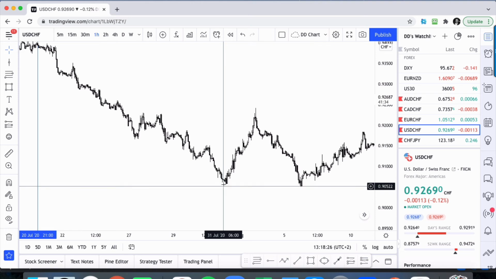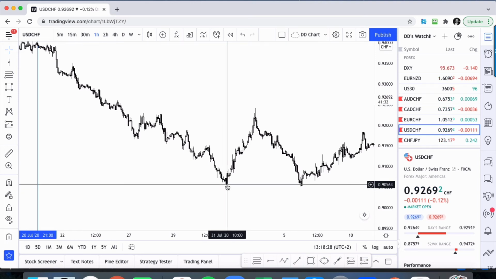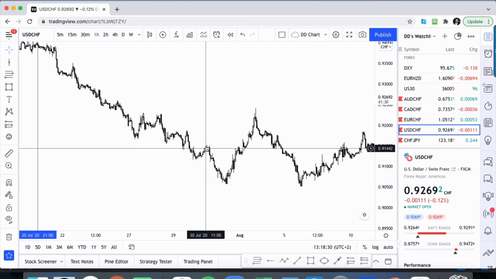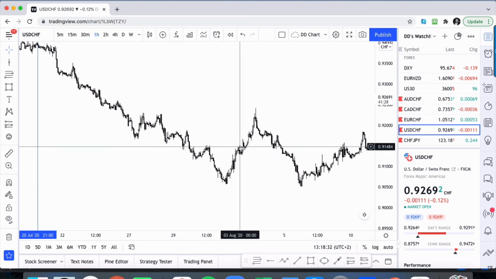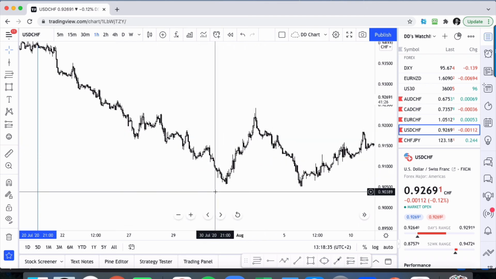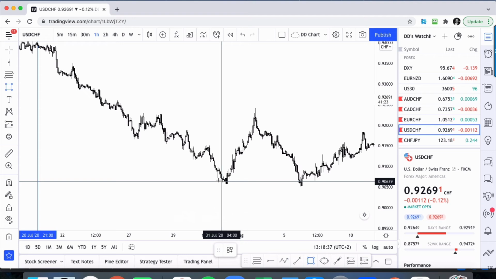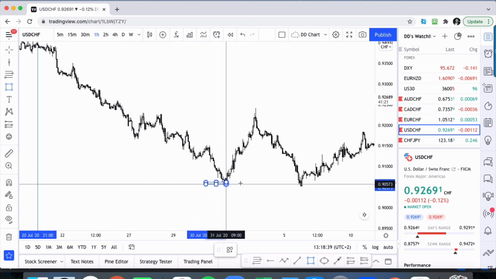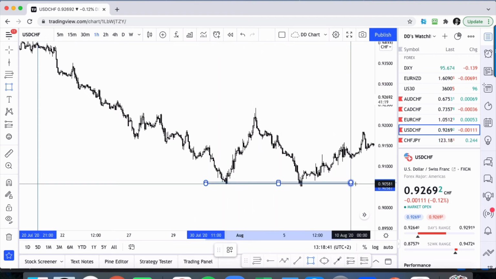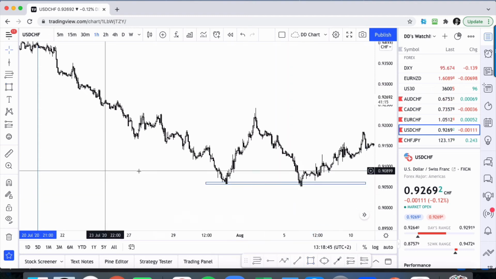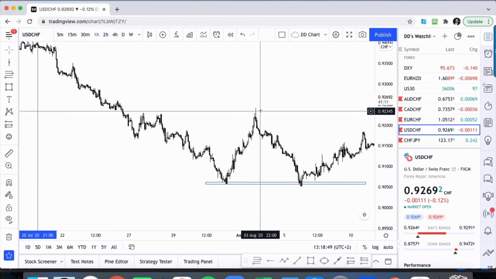But at this point, it hits a certain support level, and these lower highs now get broken, and we're going up, okay? So this point I want to note, I want to draw my support and resistance line. And obviously you see it's going to hit here again. So it goes and it breaks up, and where does it hit?